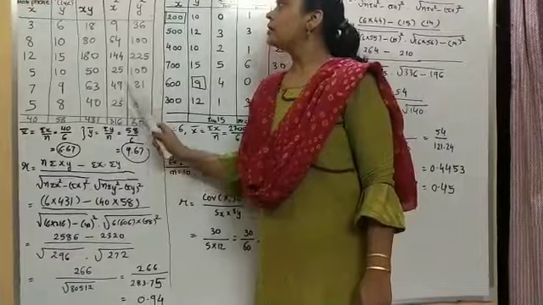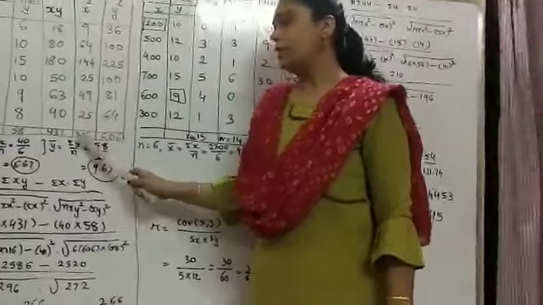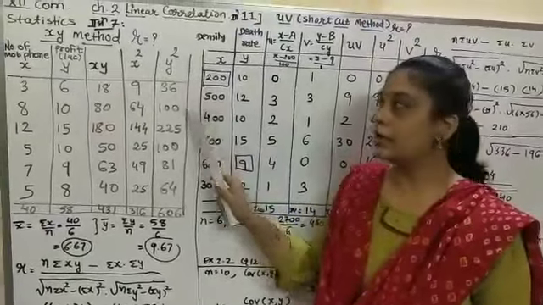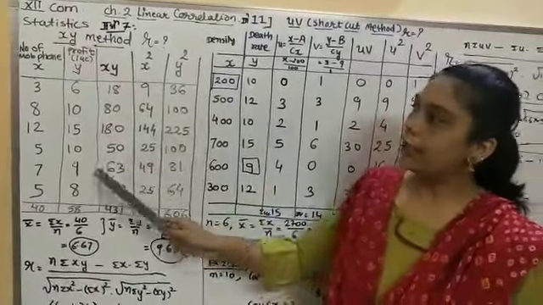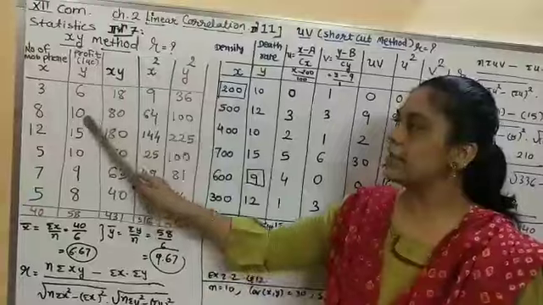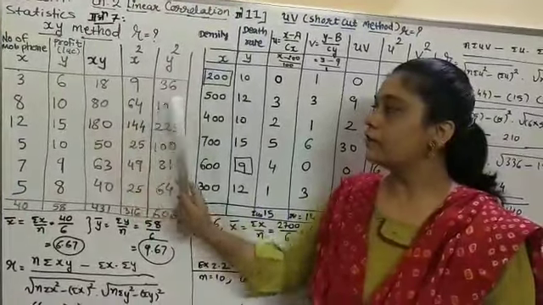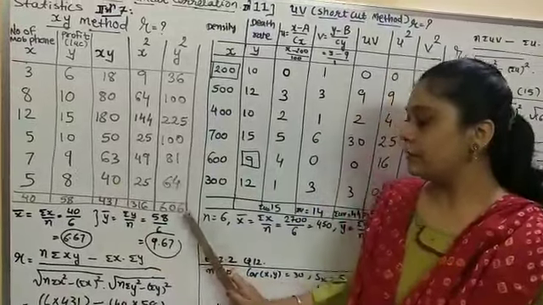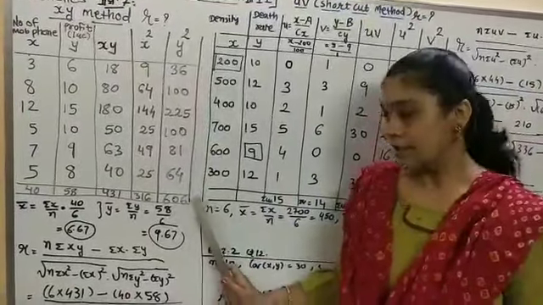Is it clear? So now I am going to do the summation: 360. Y square, what to do in Y square? 6 square 36, 10 square 100, 15 square 225, 10 square 100, 8 square 64. The summation is 606. Clear?